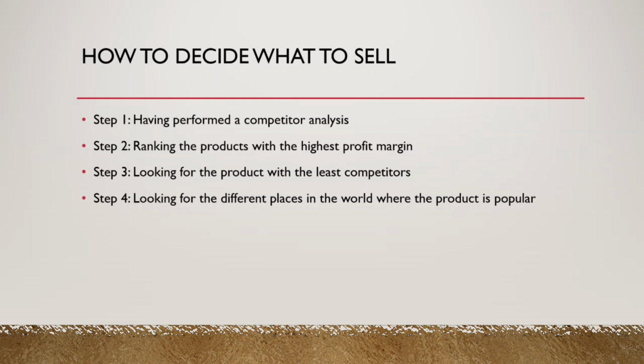So you can maybe try to sell this product, because even if it's not popular in the US, it's still popular somewhere in Europe. So it can still be an interesting product to sell. So don't forget to look at different places in the world where the product is popular. And if in those places you don't have a huge supply, this can be really cool.